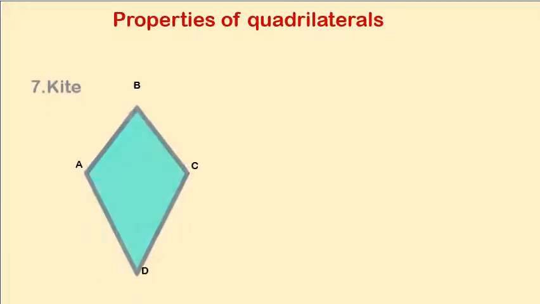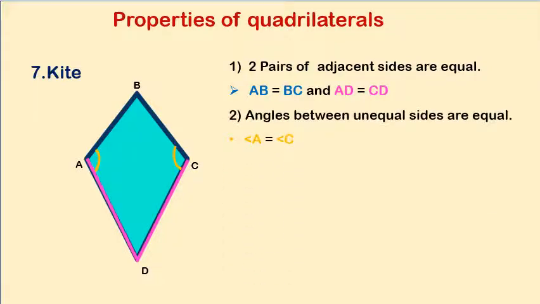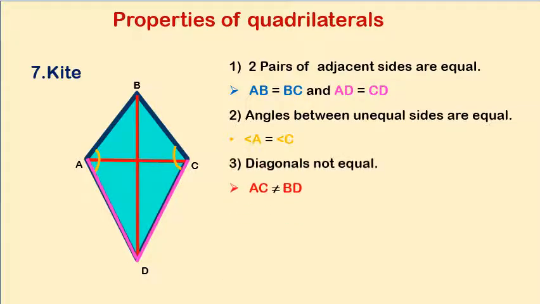First property, two pairs of adjacent sides are equal, means side AB equal to BC and side AD equal to CD. Second property, angles between unequal sides are equal, that is angle A equal to angle C. Third property, lengths of diagonals are not equal, which means diagonal AC is not equal to diagonal BD.